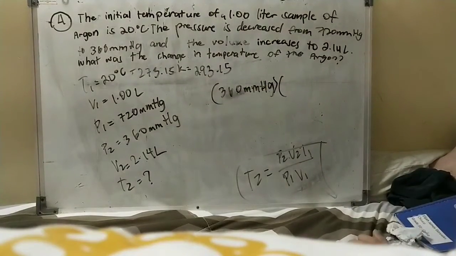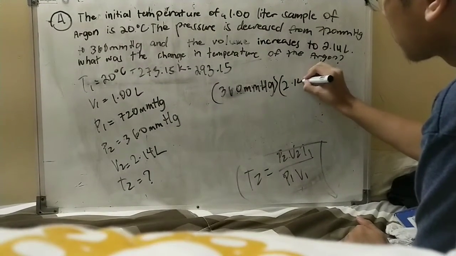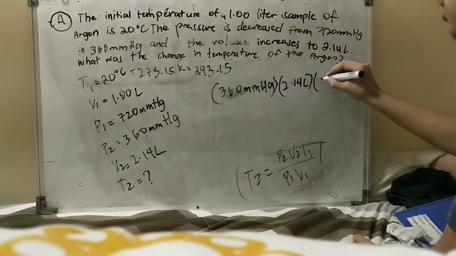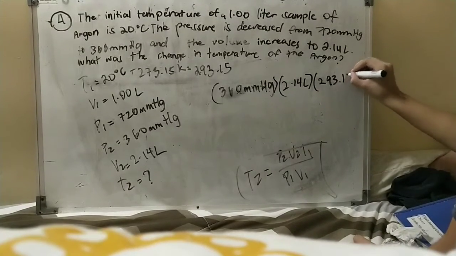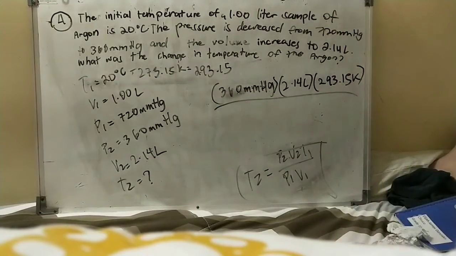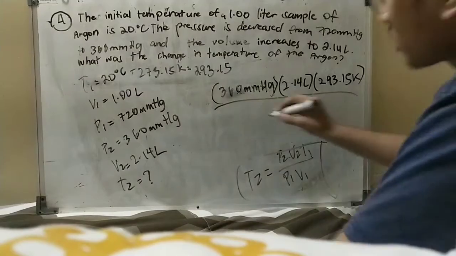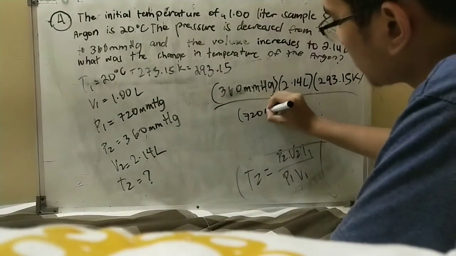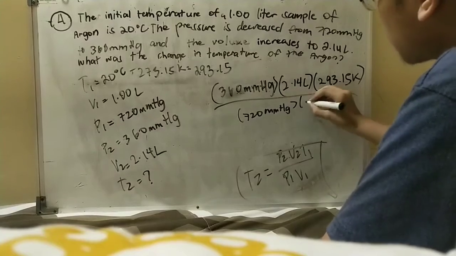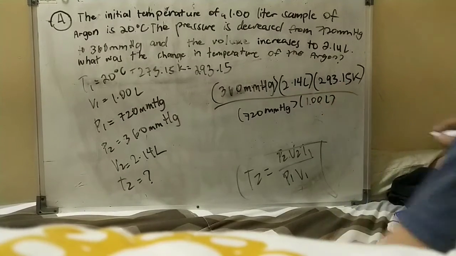Our V2 is 2.14 liters, and our T1 is 293.15 Kelvin. Then our denominator is P1, 720 mmHg, and V1, which is 1.00 liters.